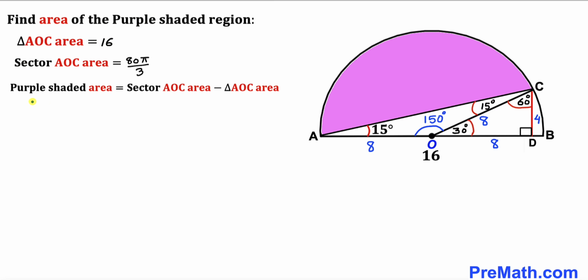And here's our final step. Let's calculate the area of this purple shaded region. We already figured out the area of this sector AOC, which is 80 pi divided by 3, and the area of this triangle AOC, which is 16. So let's fill in the blanks in this equation. Our sector AOC area is 80 pi divided by 3 minus our triangle AOC area, 16.